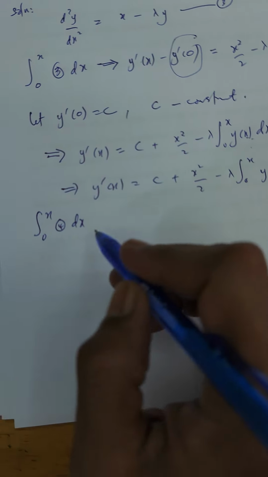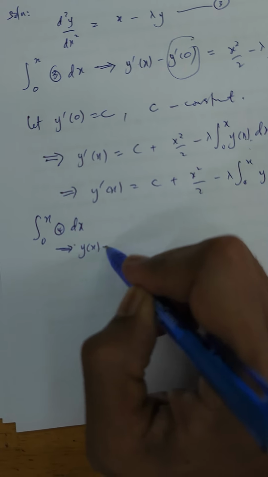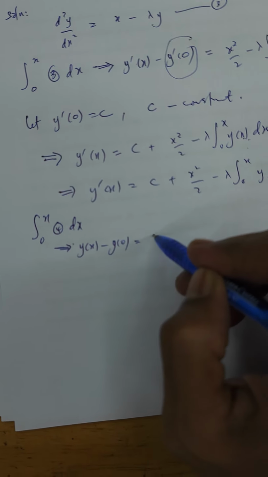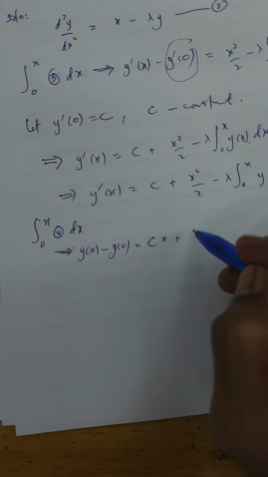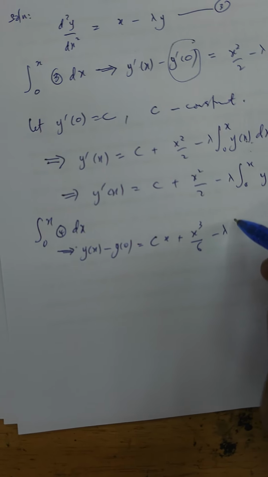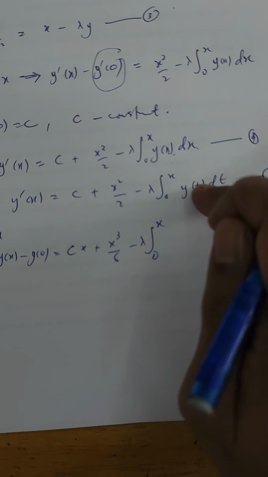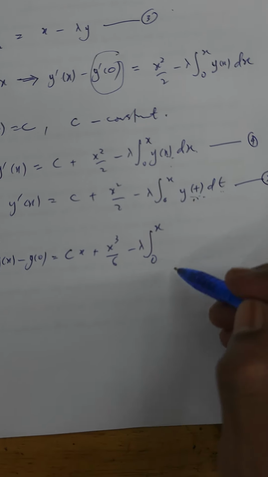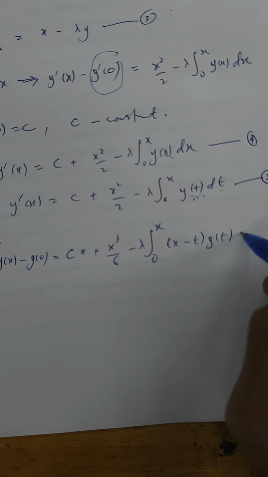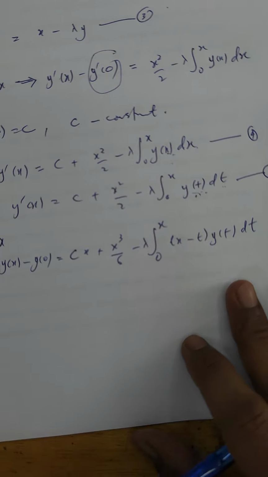So what we have is that y(x) minus y(0) equal to cx plus x cubed over 6 minus lambda integral from 0 to x. Again, we use the relation that I mentioned earlier. So we get (x minus t) y(t) dt.